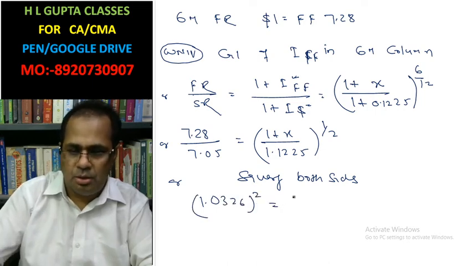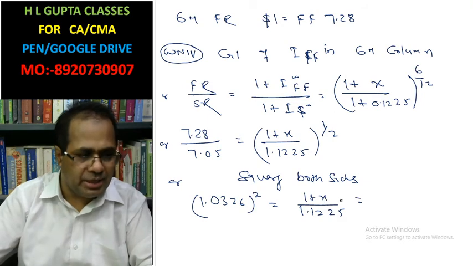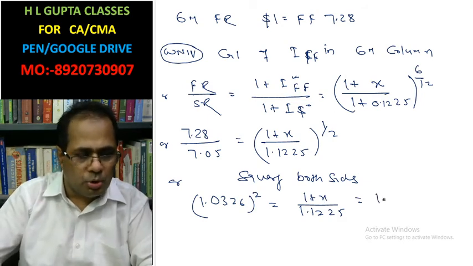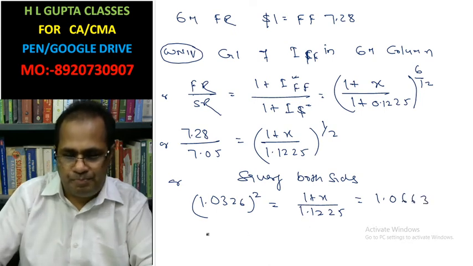X squared: 1 plus X divided by 1.1225, after squaring you will get 1.0663.